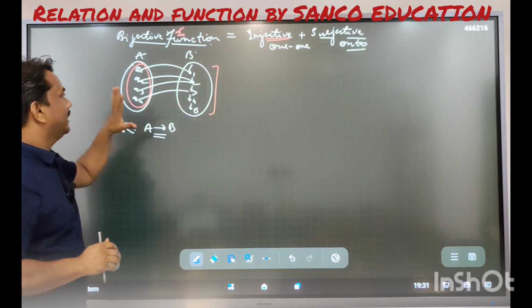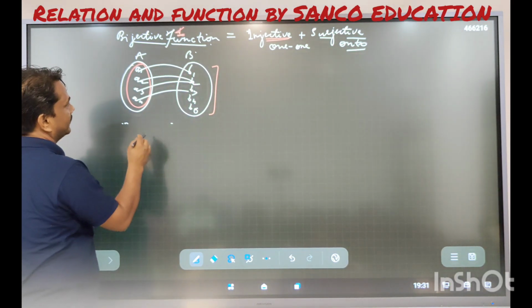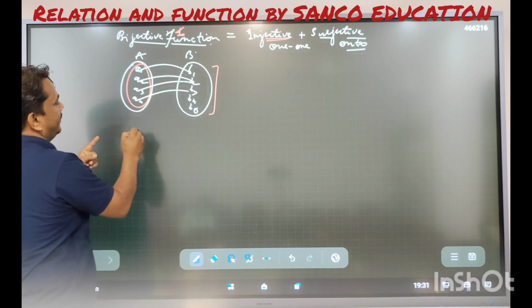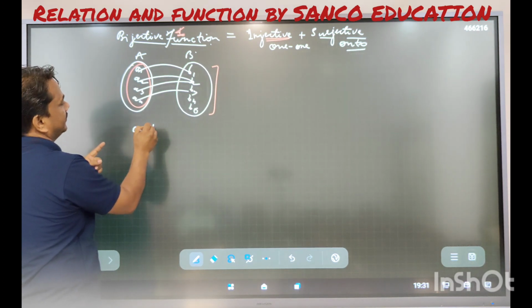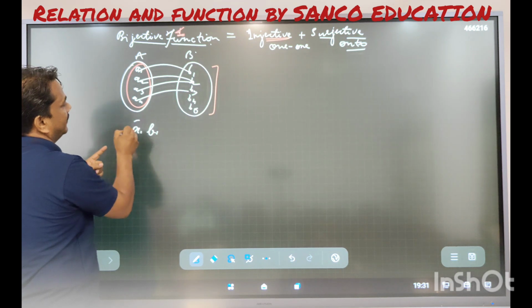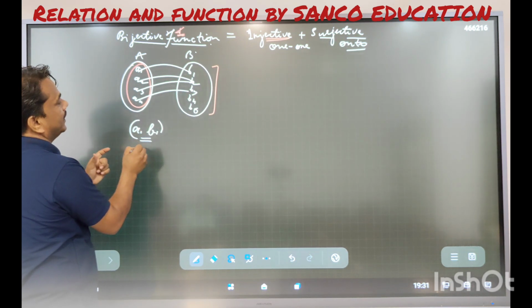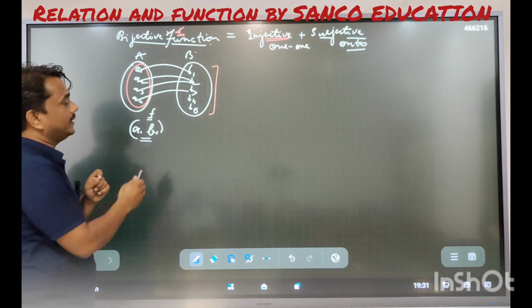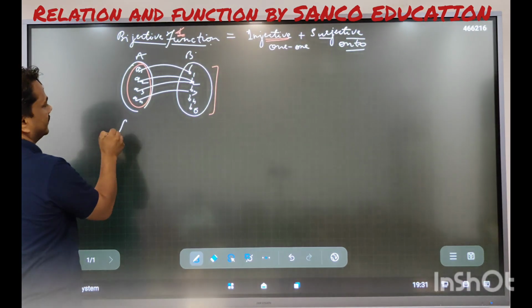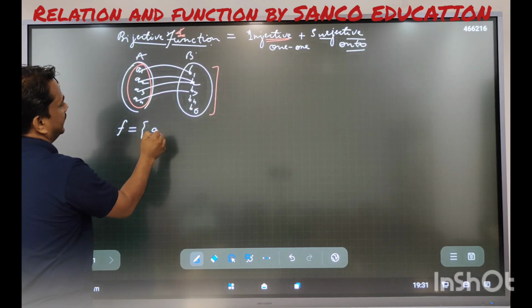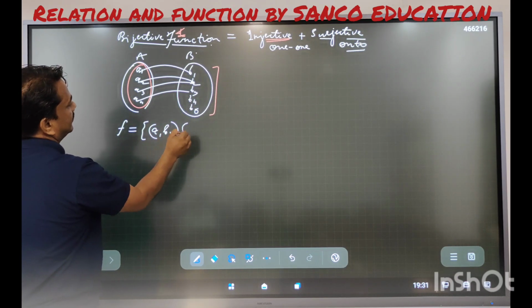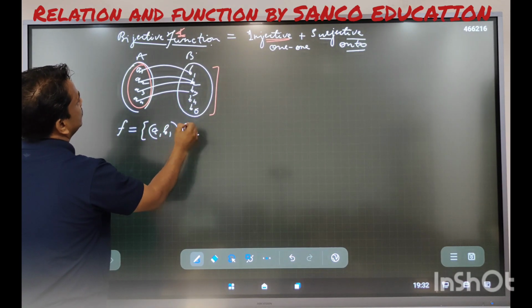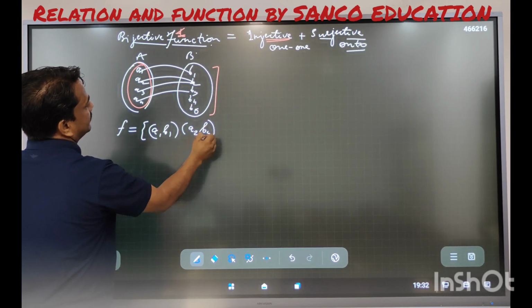Here one thing is more important. A1 is associated with B1 under a certain rule, and this rule is said to be a function. It is also called a function set. That is, F is A1 B1, then A2 with B2.